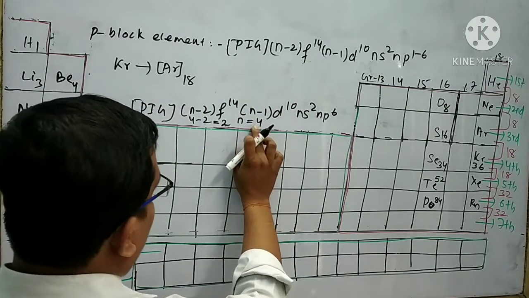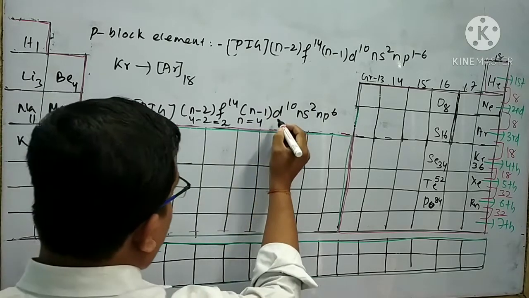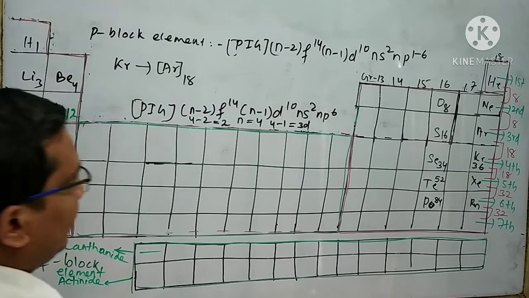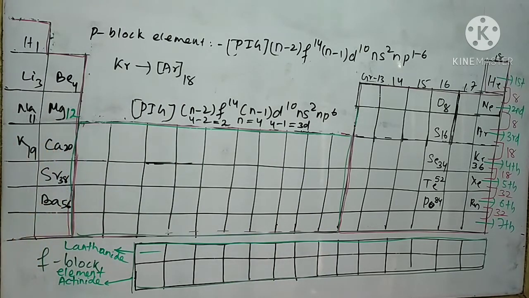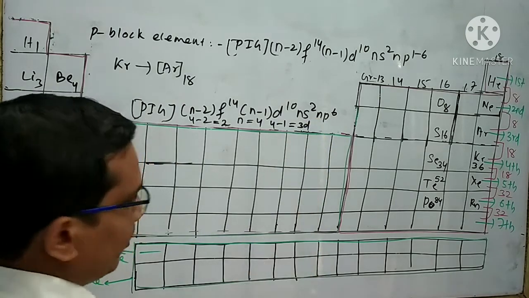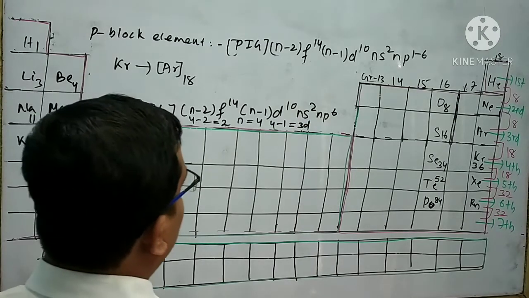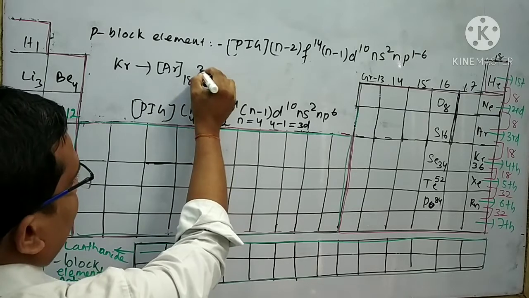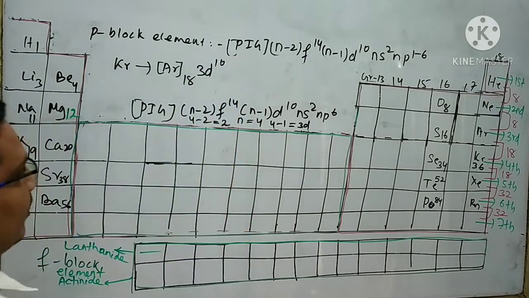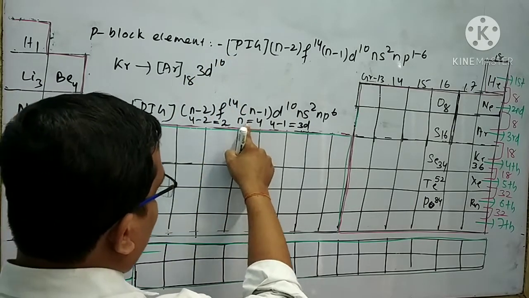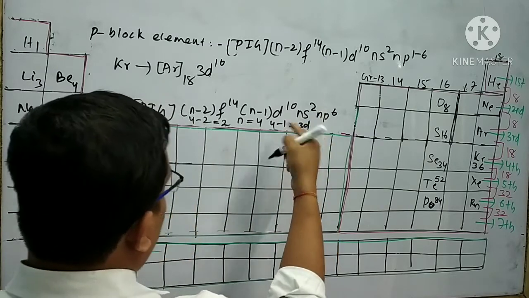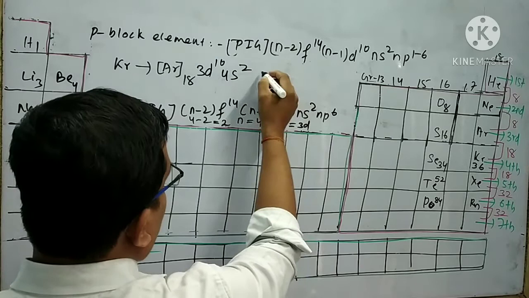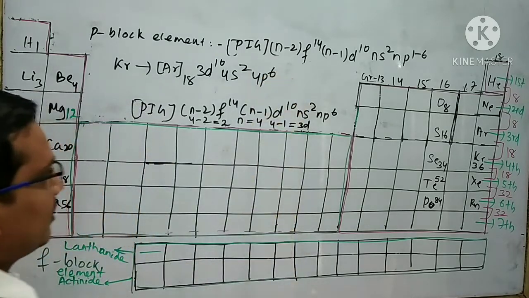Next, put the value of n here. Then I can write 4 minus 1 equal to 3d. 3d belongs to the third shell. Such a type of orbital is present in the corresponding shell. So here I can write 3d10. Next, put the value of n here and here. Then I can write 4s2 4p6.